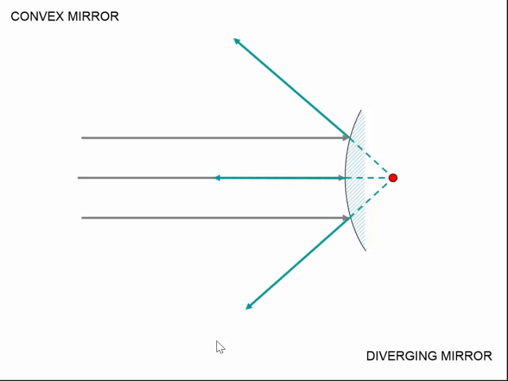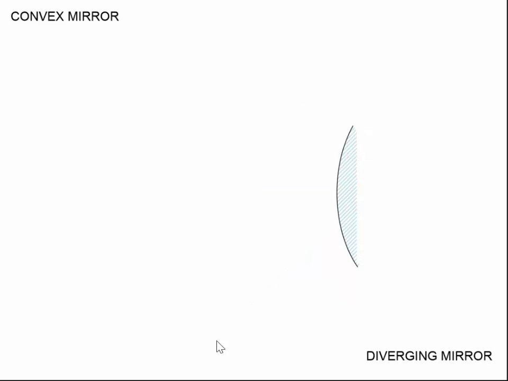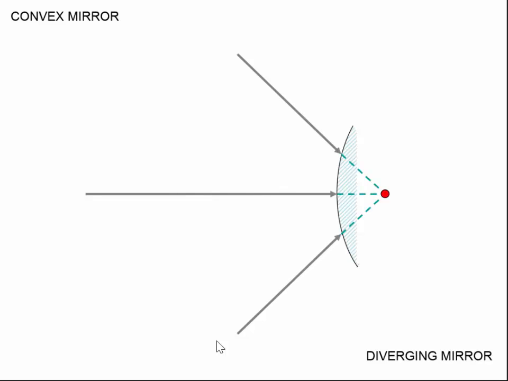So they diverge, they head away from each other. Again, if you have incident rays which are heading as if they were coming towards the virtual focus, then they reflect, and you guessed it, they reflect parallel to the central axis.